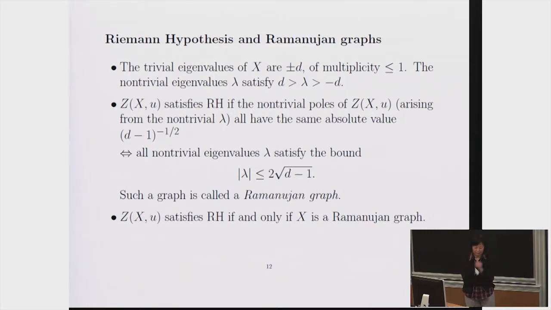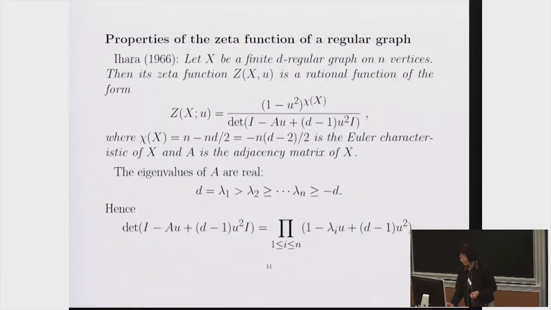I already explained that d is an eigenvalue, which is achieved once. And minus d is an eigenvalue if and only if the graph is so-called bipartite. So we know very well about the eigenvalues d and minus d; they are called the trivial eigenvalues. All the remaining eigenvalues are called the non-trivial eigenvalues.